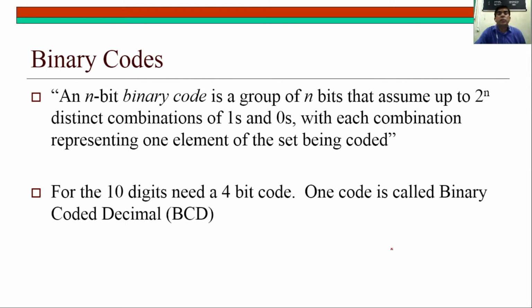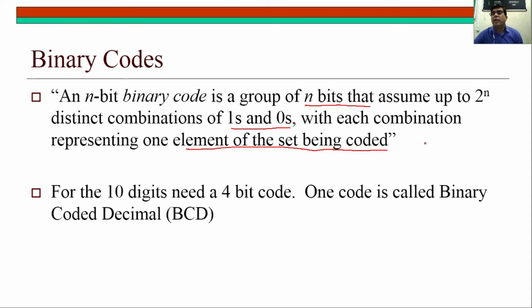So what is a code? It is a group of binary numbers, n bits, with distinct combinations of ones and zeros, and each combination represents one element of the set being coded.